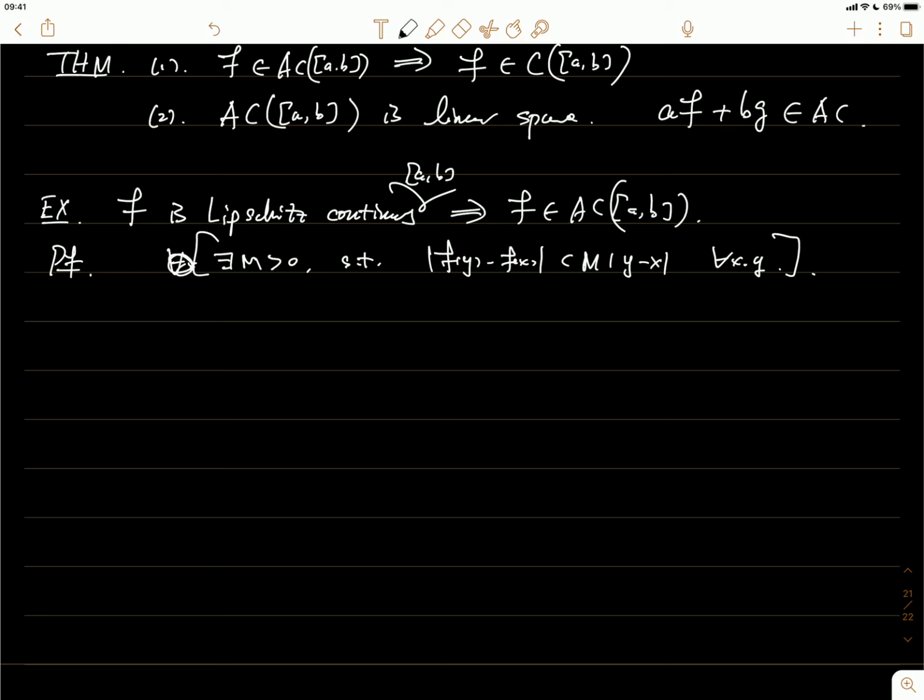We know that for any epsilon greater than 0, we can choose delta to be equal to, say, epsilon over m.